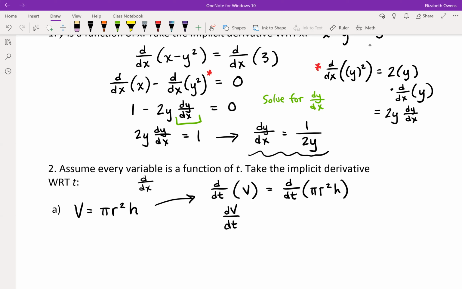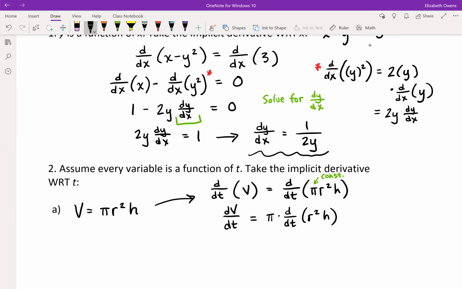We'll get this out of the way. And then on the right-hand side, you'll notice that we do have a constant multiple there. We're multiplying pi times r squared h. So we could pull that pi out to simplify things for ourselves a little bit. Pi times d dt of r squared h.